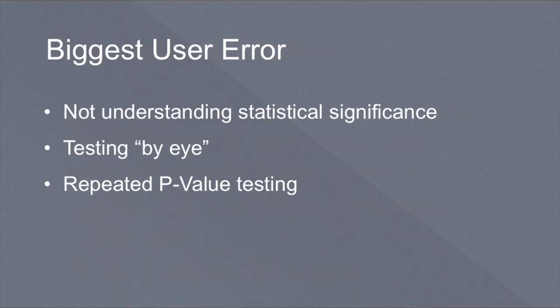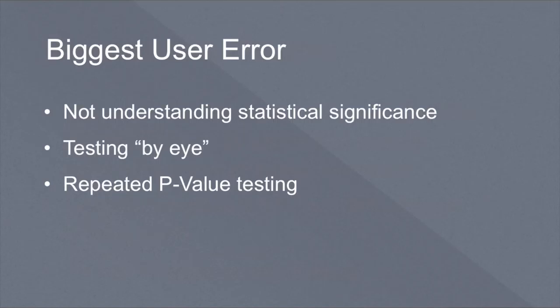P-values have one purpose, which is you have a defined start of a test, you have a defined end. So I am going to test when I have reached 500 clicks. When you have reached 500 clicks, then you do a p-value test and it will tell you whether you've got a winner or not. And you'll get this 95% confidence value, the statistical significance or not.